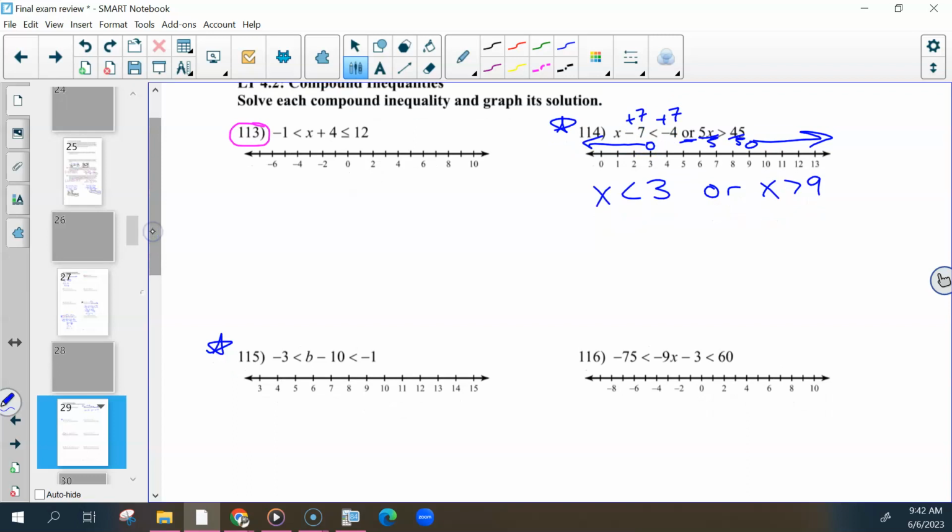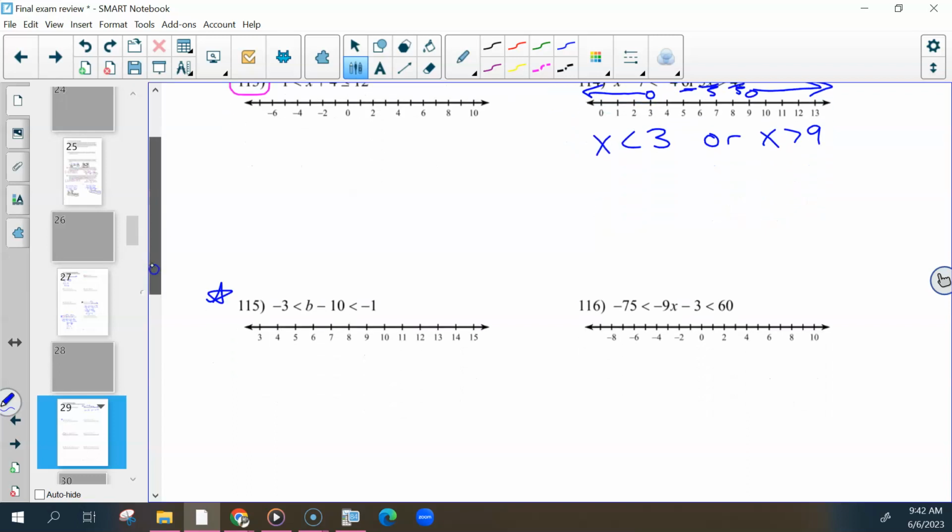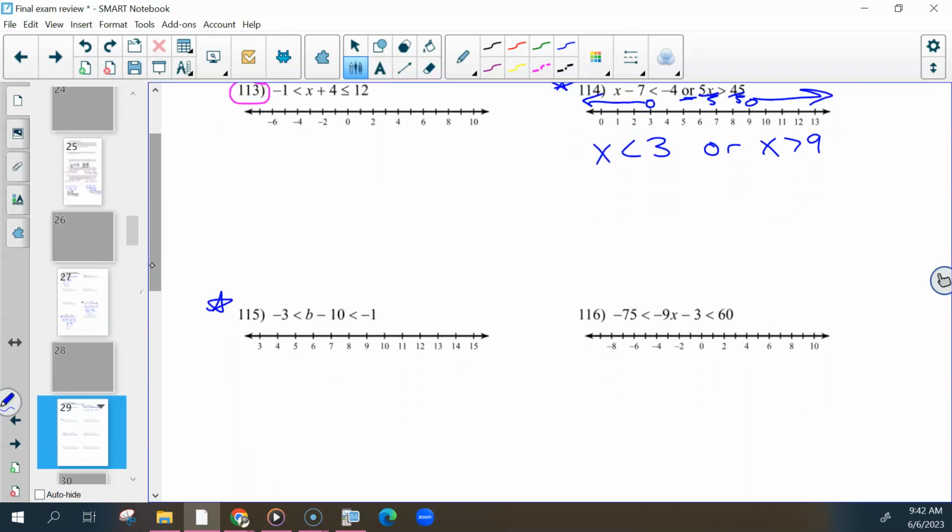Because there isn't an OR, this is an AND. So your goal is to get the variable in the middle by itself, get rid of everything else. But when you get rid of it, move it to all sides, not just one. So add 10 to everything.